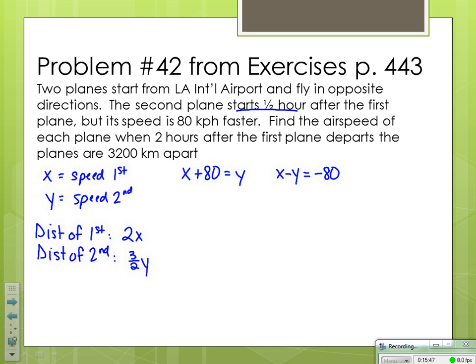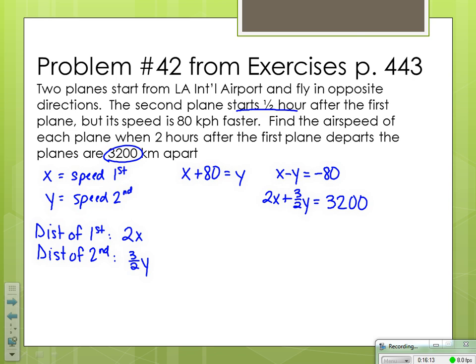Now both of those distances together get those planes to the point where they're 3,200 kilometers apart. So I can create another equation using this information. We have a distance of 2x added to a distance of 3 halves y, and those two together get those planes 3,200 kilometers apart.